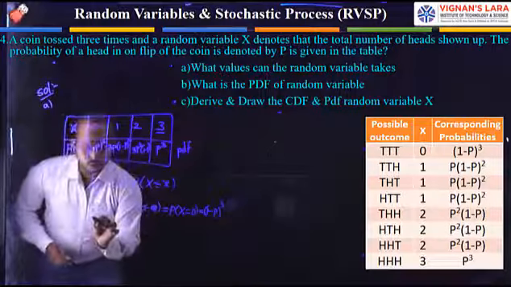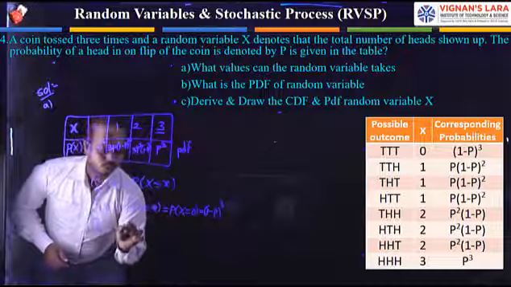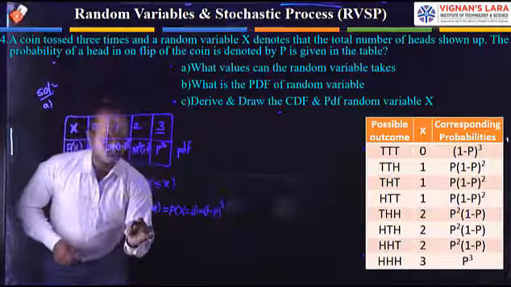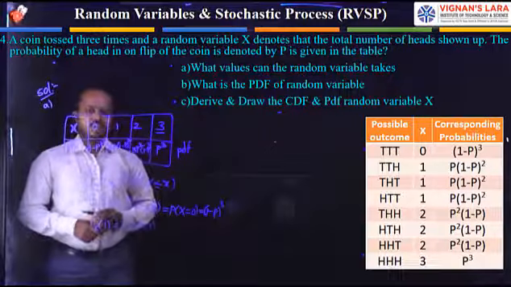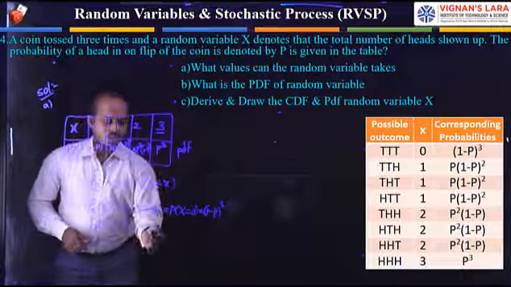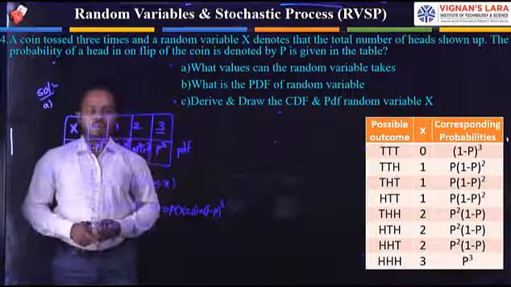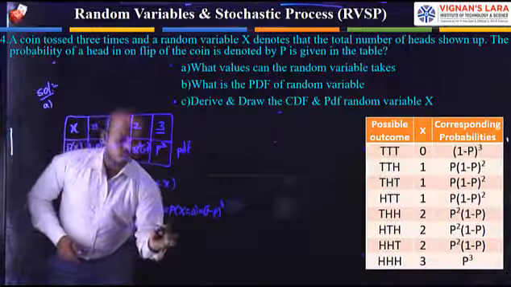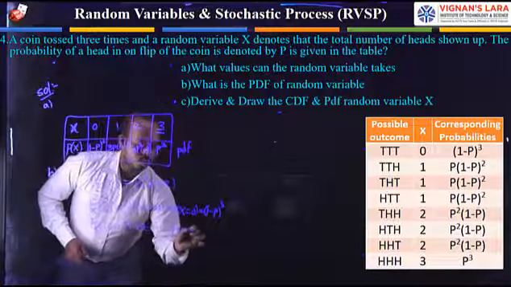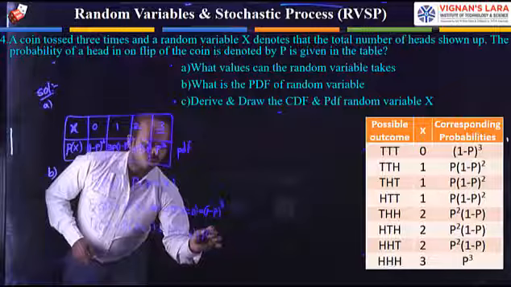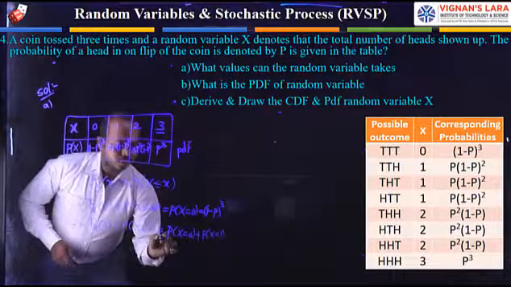Coming to the second value, that one is F x of 1 is equal to the probability of capital X less than or equal to 1. Here the value is less than 1 and equal to 1. According to this comparison condition, we have 2 values, at x is equal to 0 and x is equal to 1. I am making the summation of these 2 values.